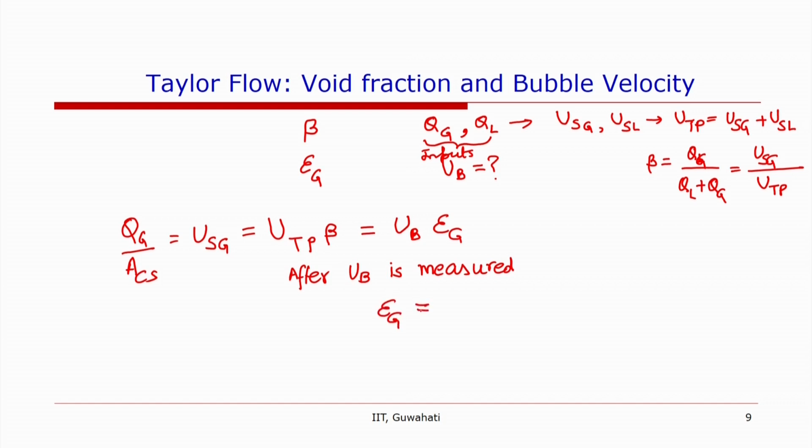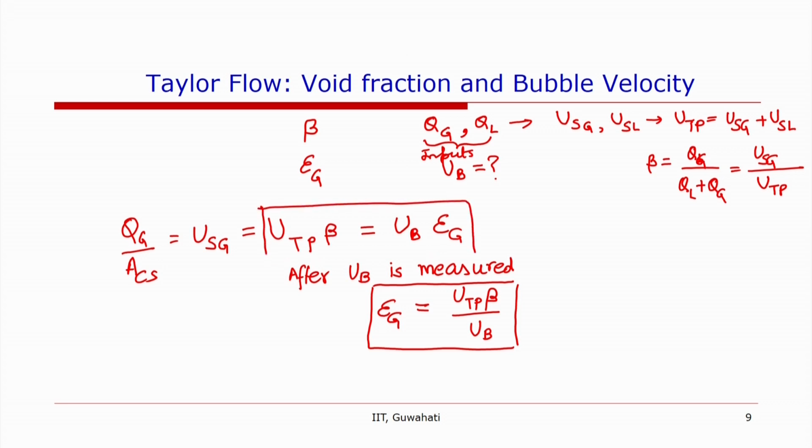So epsilon g is equal to UTP beta over UB. So this is another important relationship which can be used for analysis of Taylor flow.